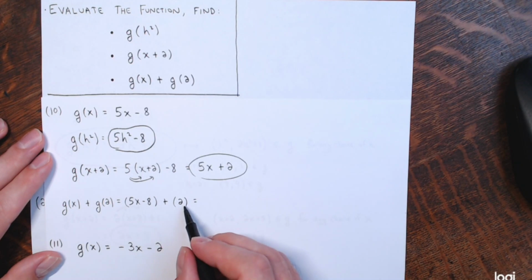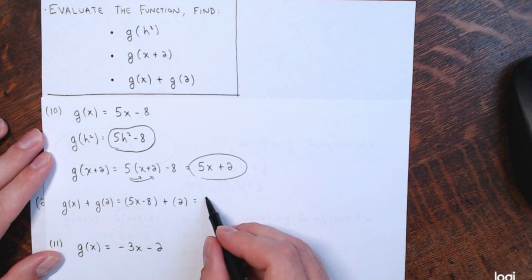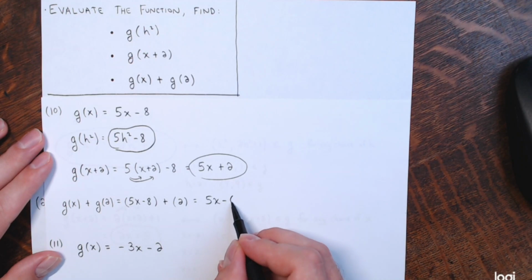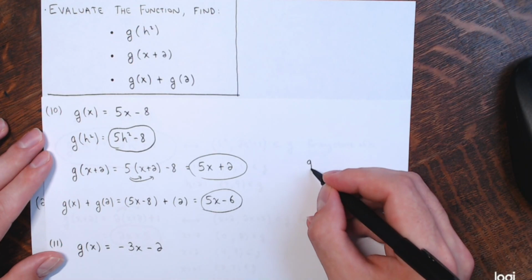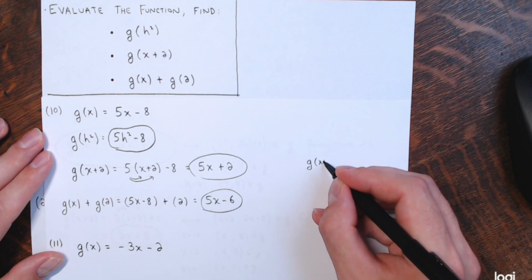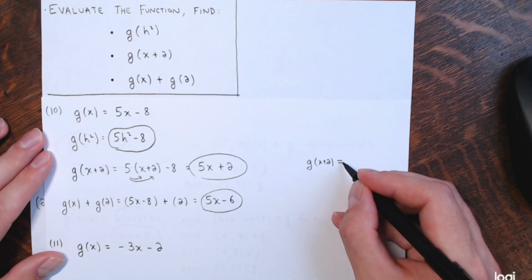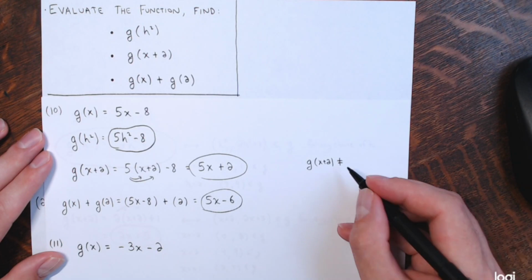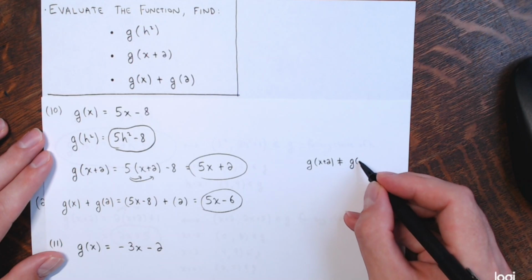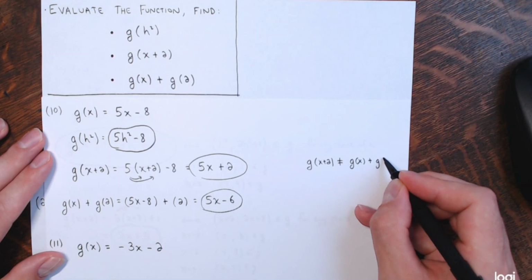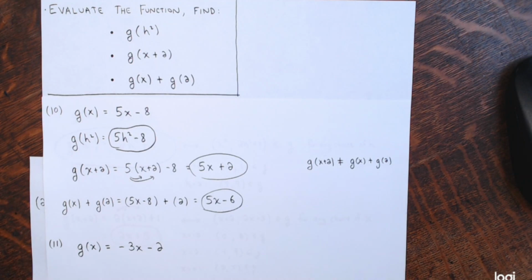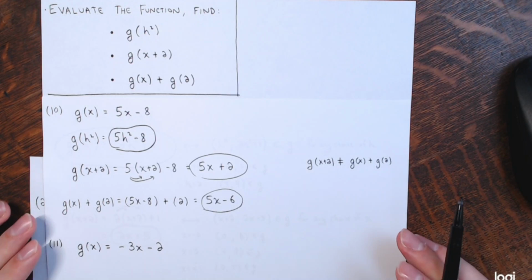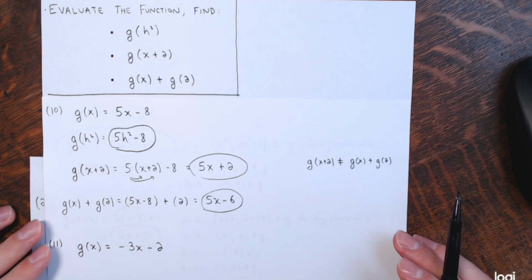And combining like terms, you have 5x minus 8 plus 2, that'd be 5x minus 6. And notice again that g evaluated at x plus 2 was not the same expression, or is not equal to g at x plus g at 2. Right, so again, you can't just distribute function notation. You can't distribute the name of a function.